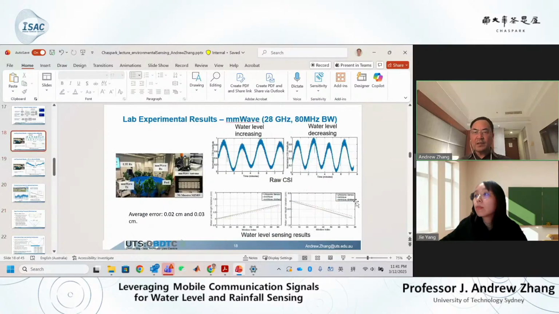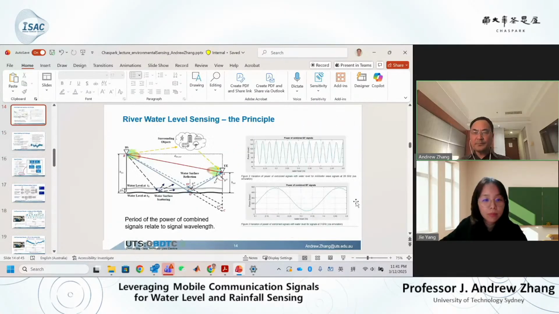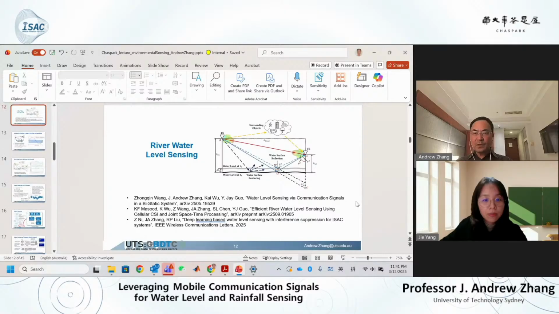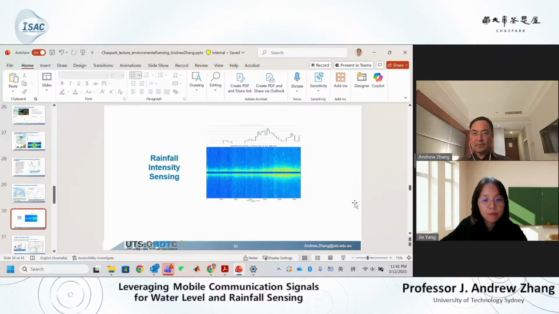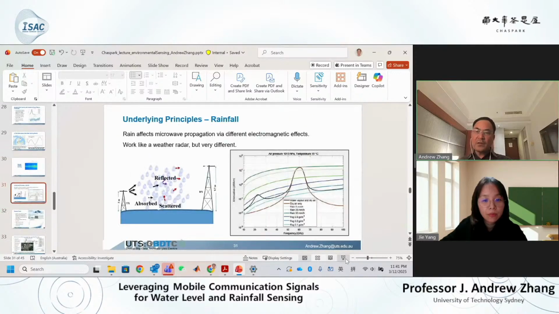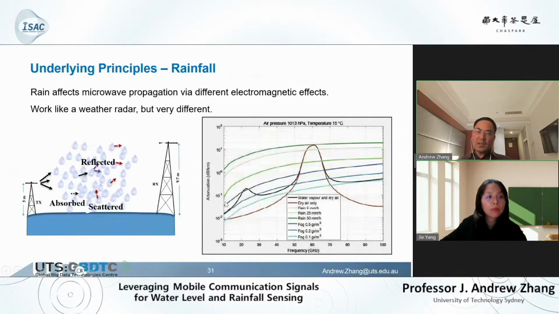Because if we look at this figure, that's for the rainfall sensing. As I explained, for low carrier frequency, the attenuation for even, for example, the heaviest rain at 50 millimeters per hour, for 10 gigahertz, it's only 1 dB.